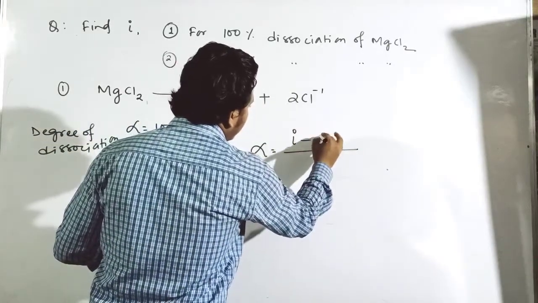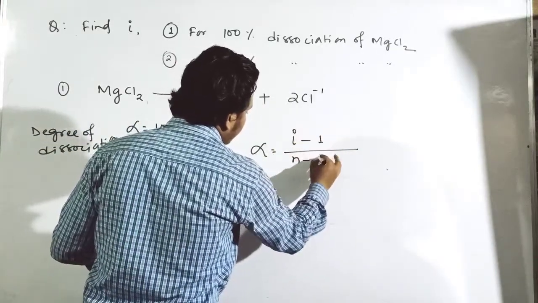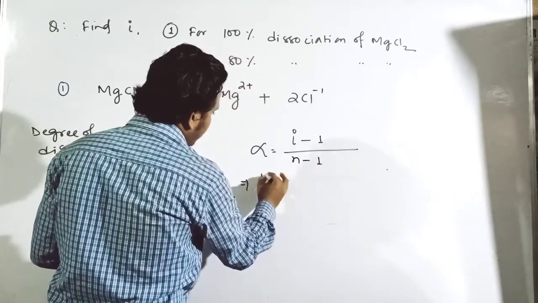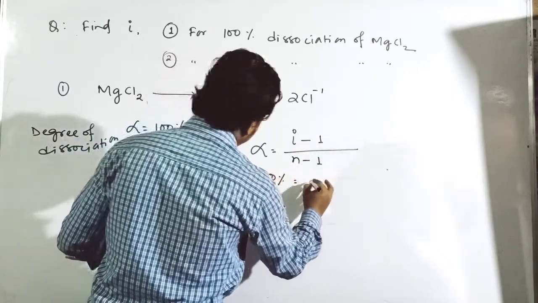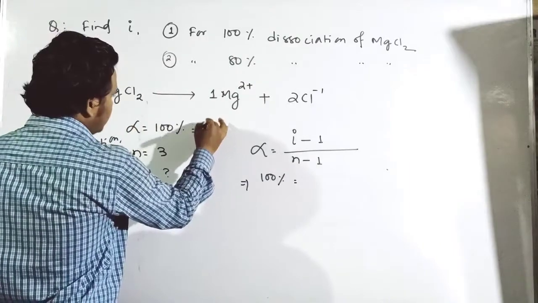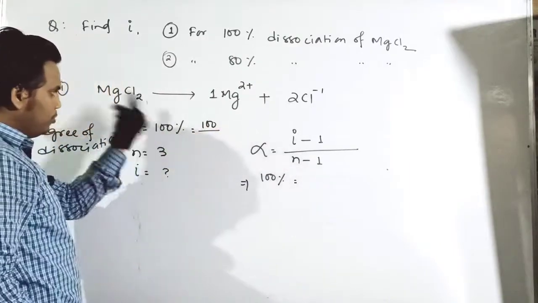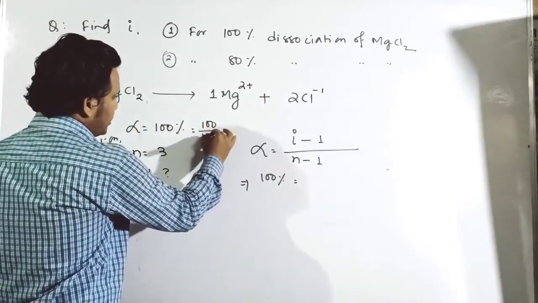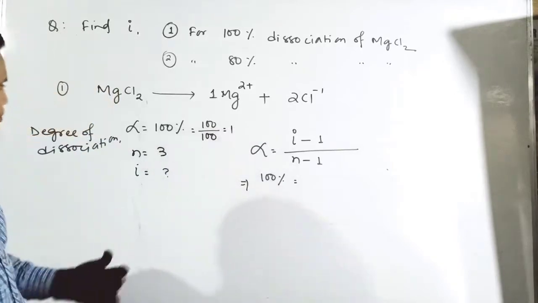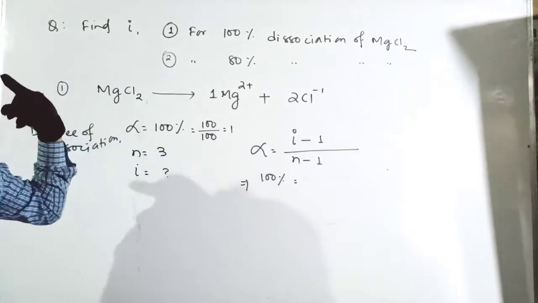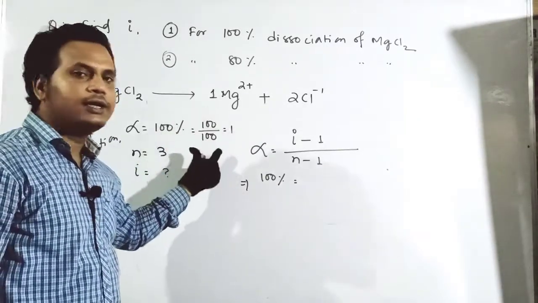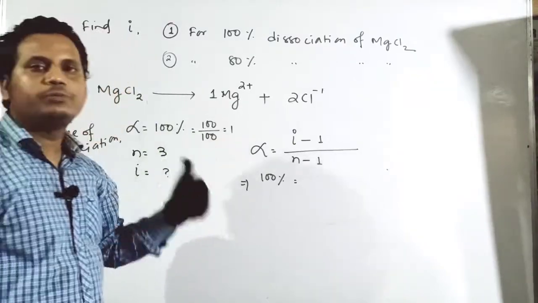Alpha equal to I minus 1 by N minus 1. What is alpha? 100%. What is the value of 100%? If you remove percentage, divided by 100 will be there. 100 by 100, 1.